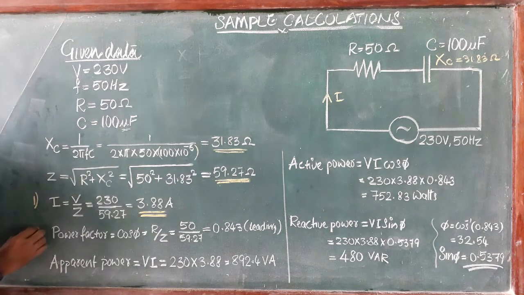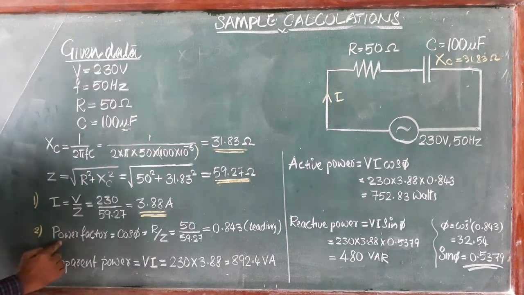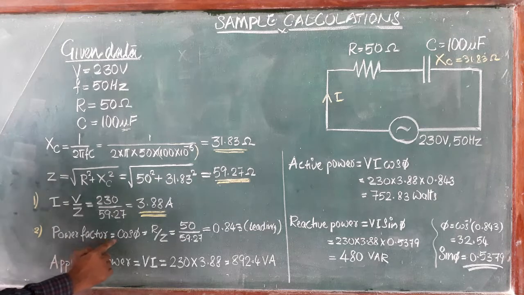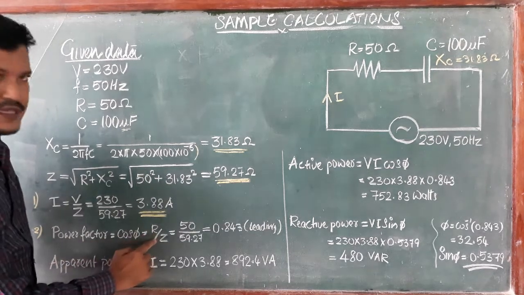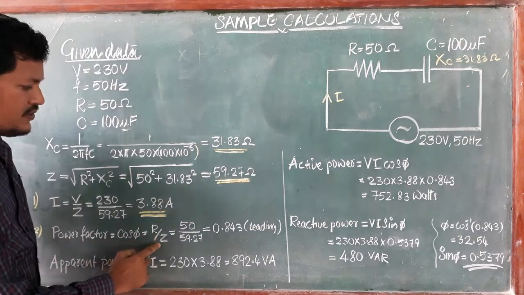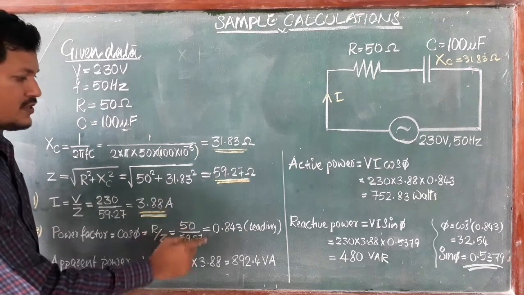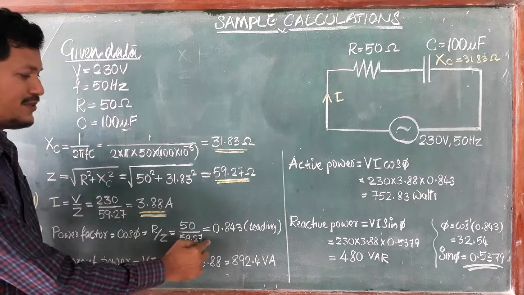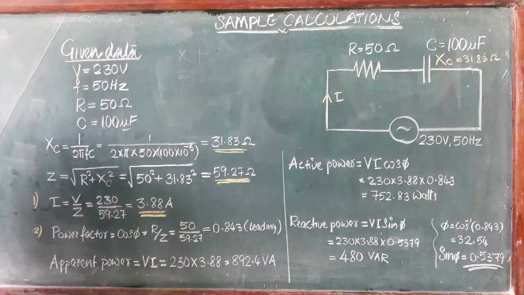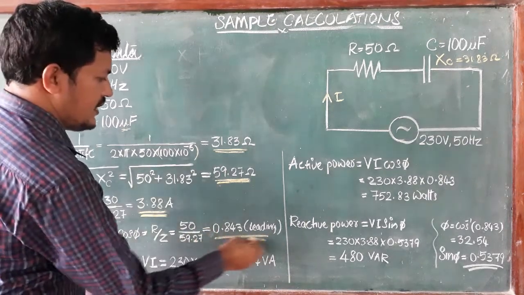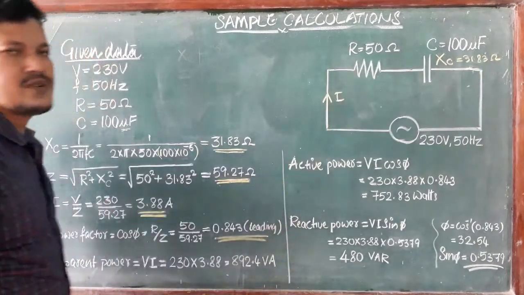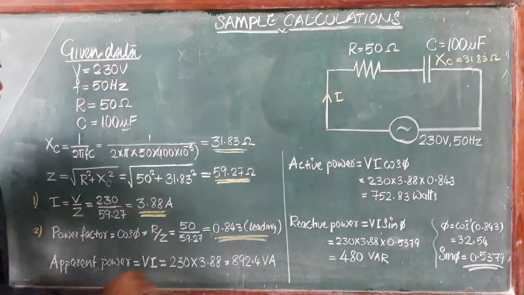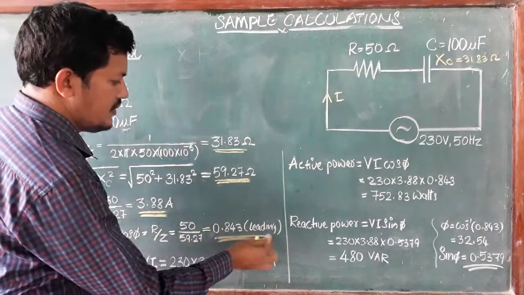Next is power factor. We know the equation: power factor equals cos phi, which is R by Z. R is the resistance value, Z is the impedance value. So that is 50 by 59.27, which equals 0.843. That is a leading condition. Why leading? Because it is an RC circuit, a capacitive circuit, and a capacitor circuit has leading behavior.